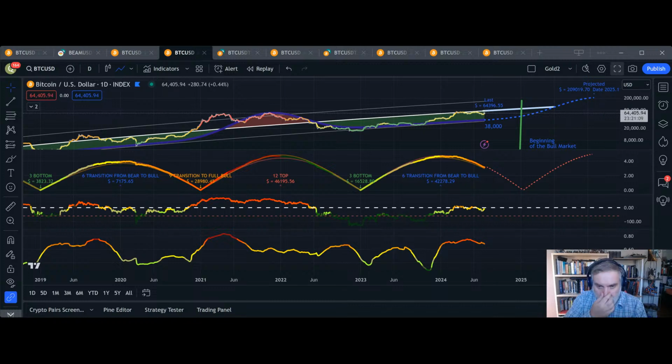So let's dive in. These are the different indicators that I'm using. I'm just checking one more thing. Just be patient.